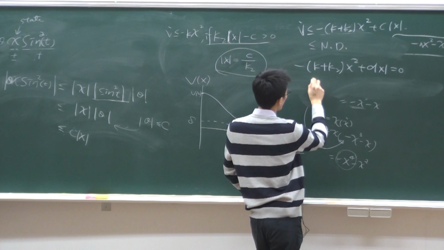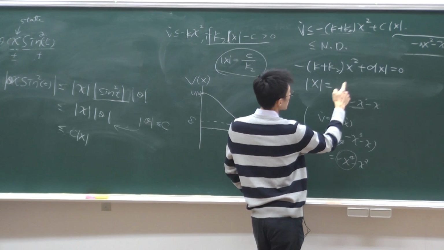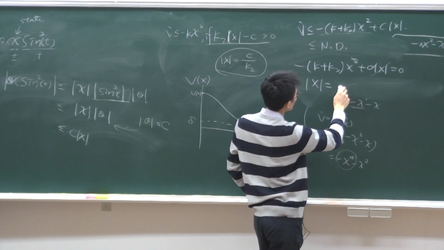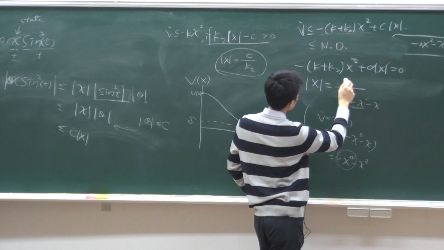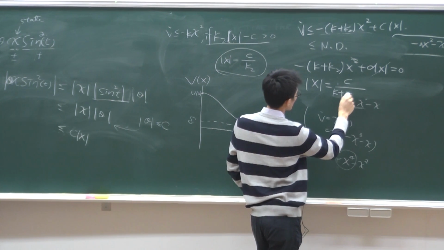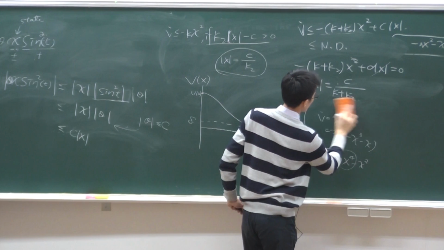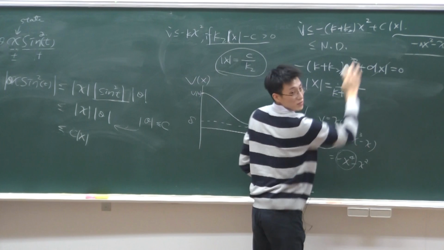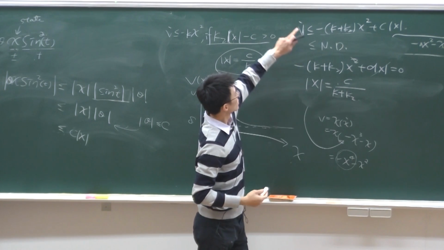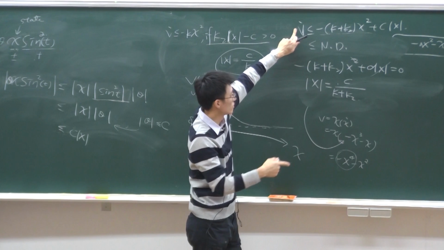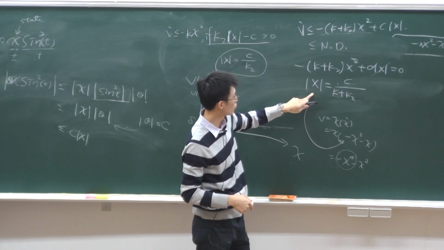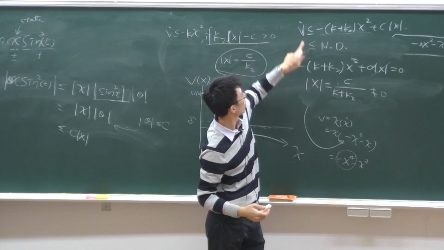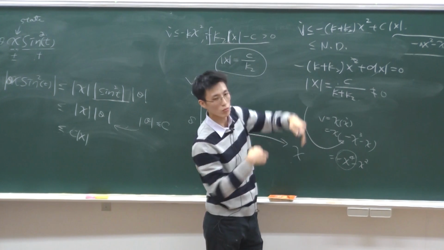Then when the x norm is c, when x equals ck, when the absolute value of x equals this value, this becomes 0. Which means V stops decreasing. But x has not reached 0, right? It's not equal to 0. So before it goes to 0, V stops decreasing, which means it's UUB.